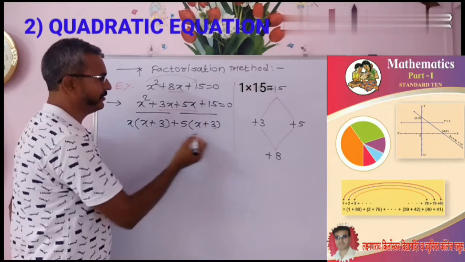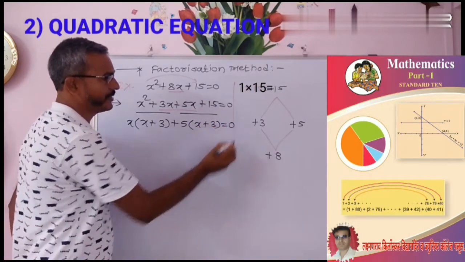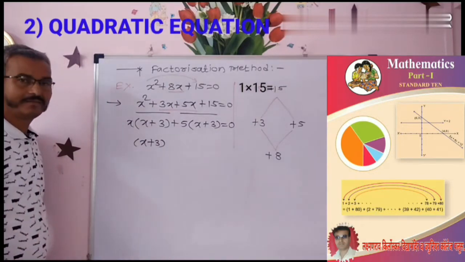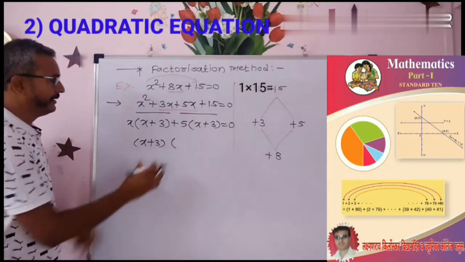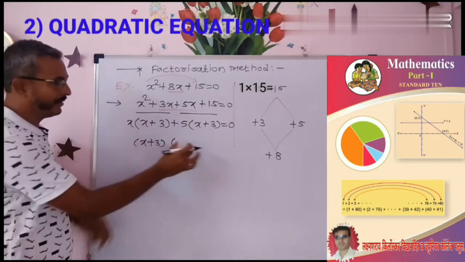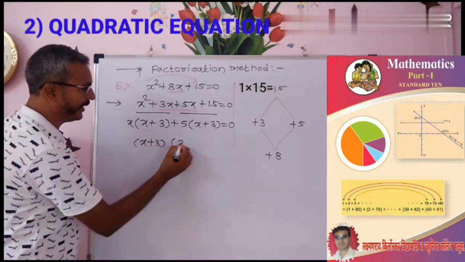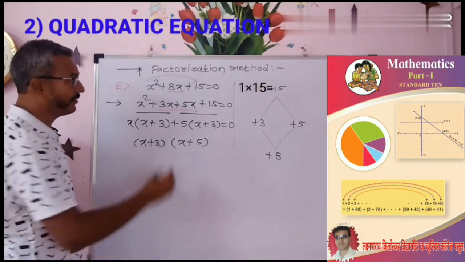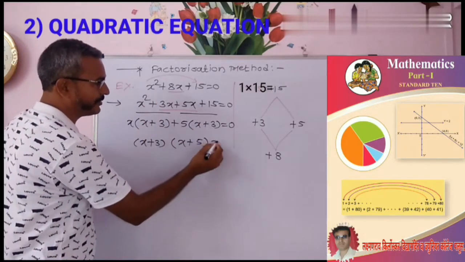So x plus 3 is the first bracket, and take this outer factor as the other bracket. So x plus 5 is the second factor of this quadratic equation, equal to 0.